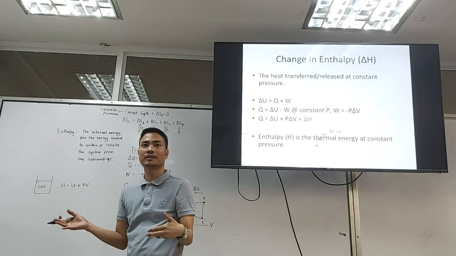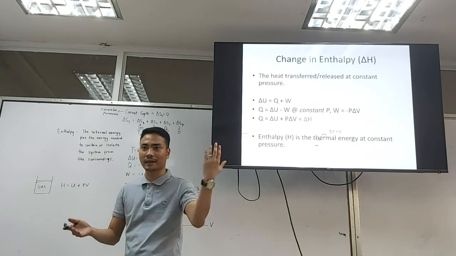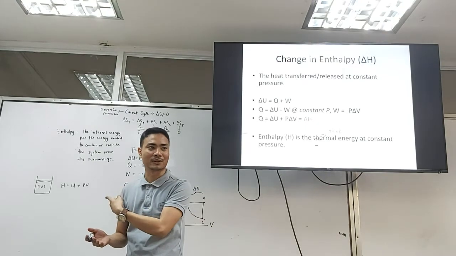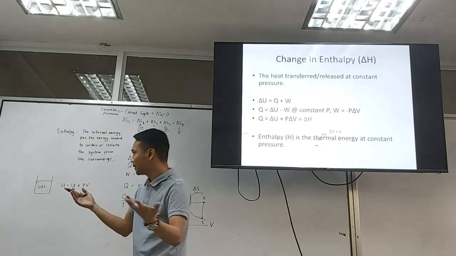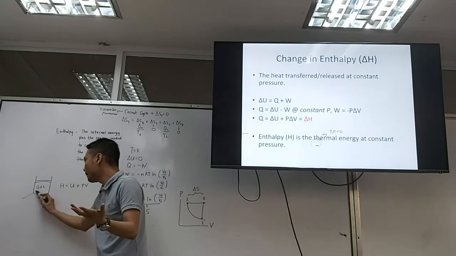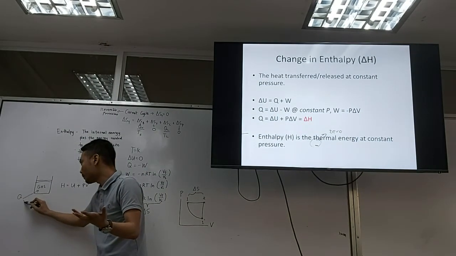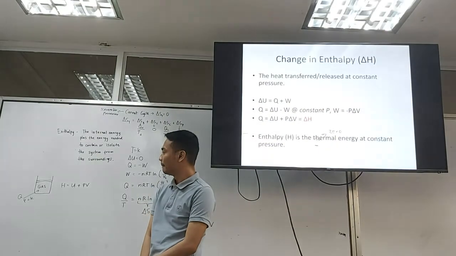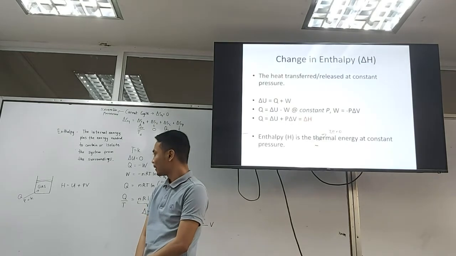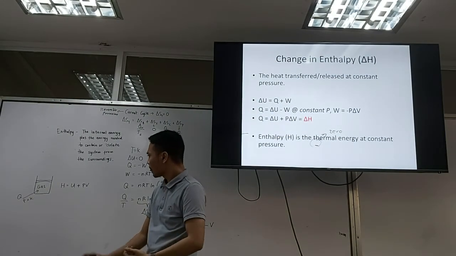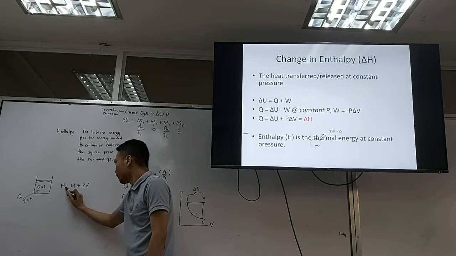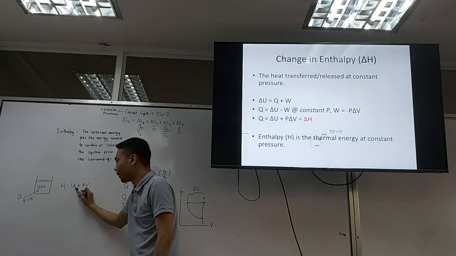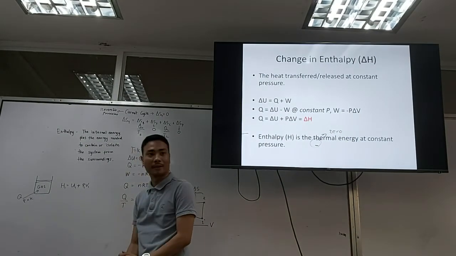Now, paano niya na-account ang change ng enthalpy? Kailangan magkaroon ng process, no? Just like any other state function. This is also a state function. Kailangan magkaroon muna ng process. So, let's consider an isobaric heating. Pag sinabing isobaric, P is constant. Yung H mo initially H1, yung internal energy mo initially U1, pressure mo initially P1, lahat yan 1, di ba?